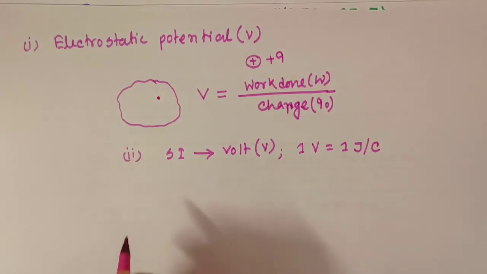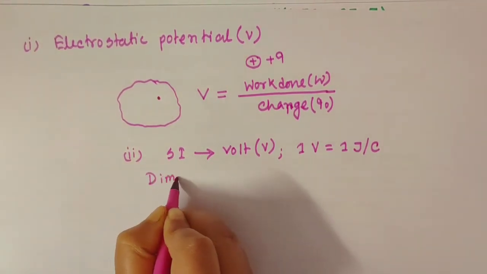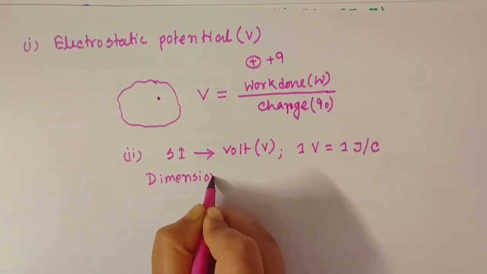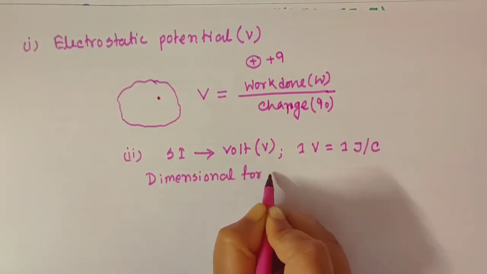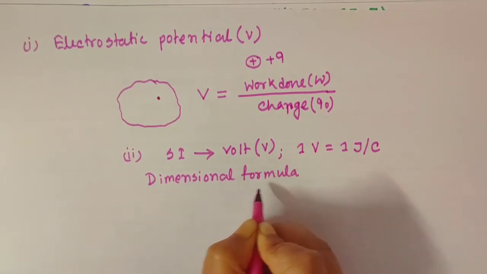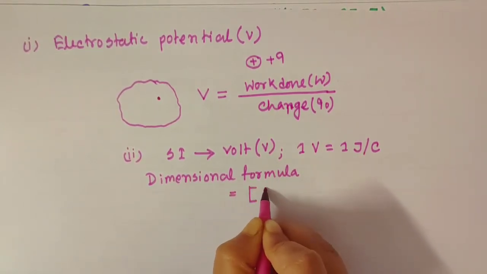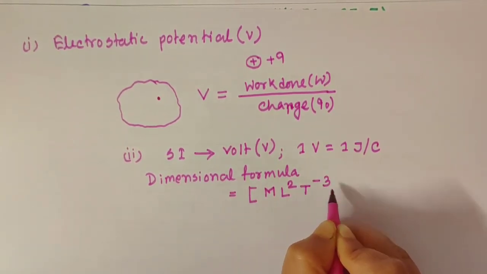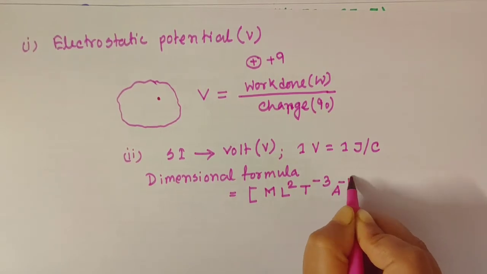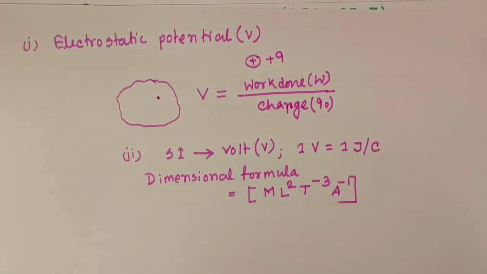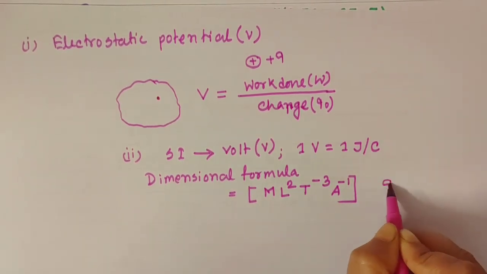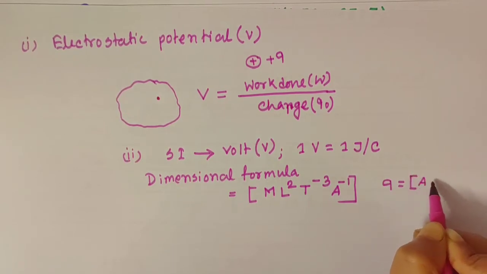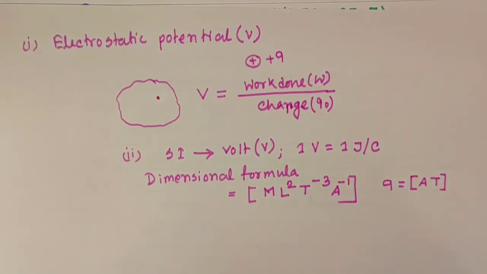And its dimensional formula, what is the dimensional formula? Dimensional formula is M L square T to the power minus 3 A inverse. What is A? The dimensional formula for Q is A and T. Okay.